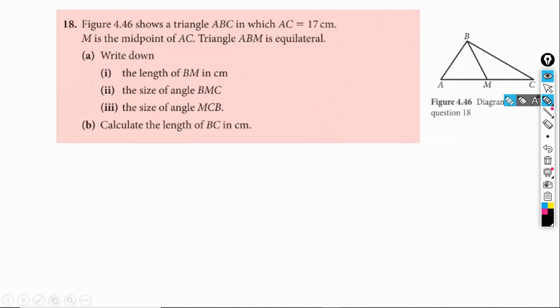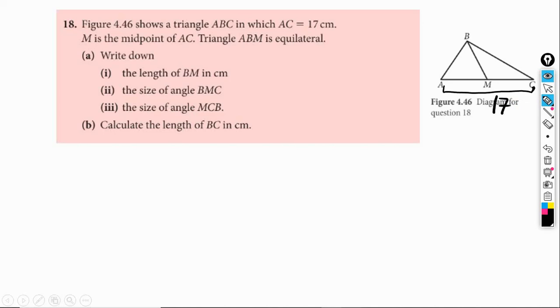Okay, folks, so here we are on question 18, and it says figure 4.46 shows a triangle ABC in which AC equals 17 centimeters. So this distance from here to there is 17 centimeters. M is the midpoint of AC.